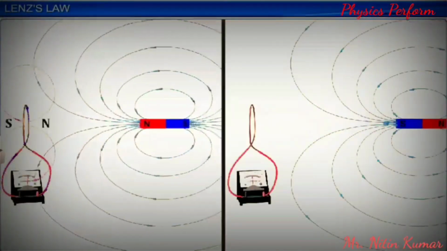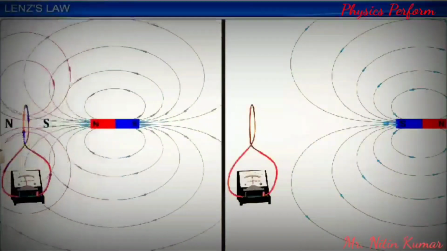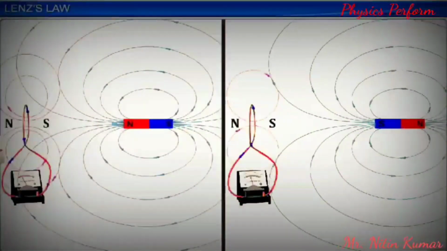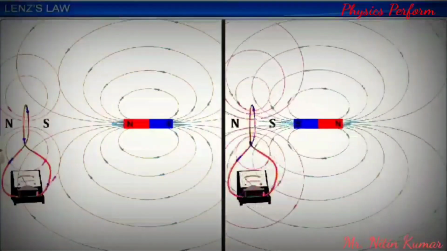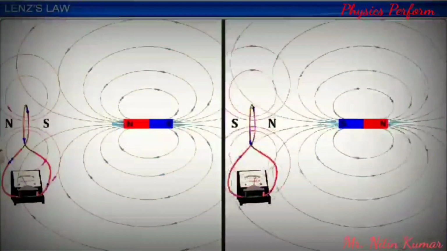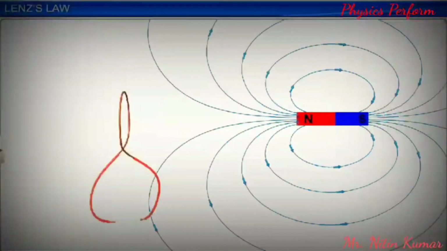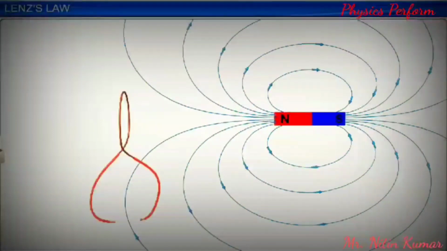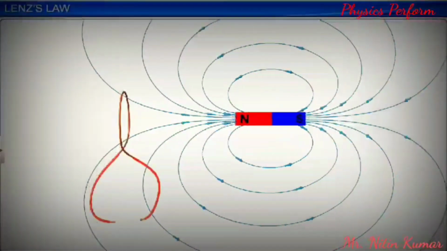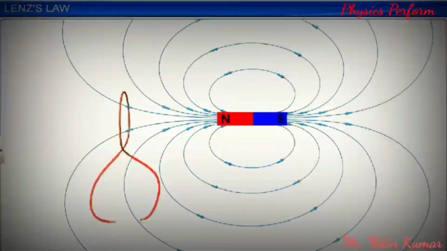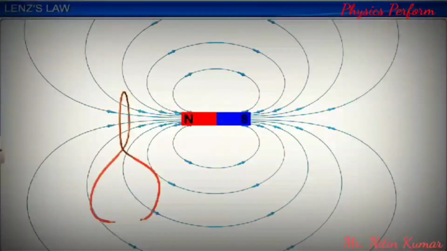In all these experiments, we can also use an open circuit in the place of a closed loop. In this case too, an EMF is induced, but there is no induced current in the coil. The direction of this induced EMF can be found using Lenz's law.